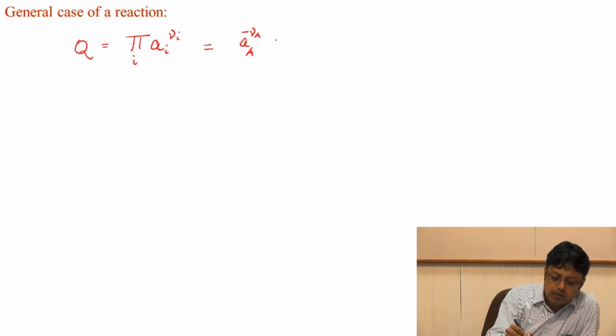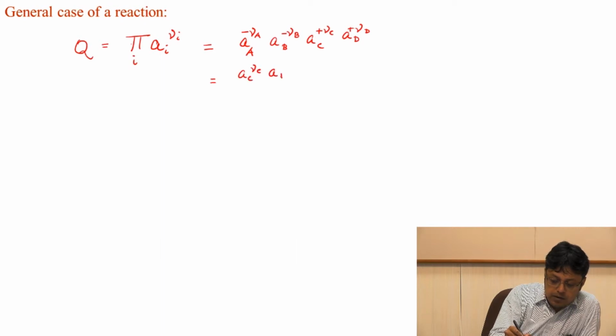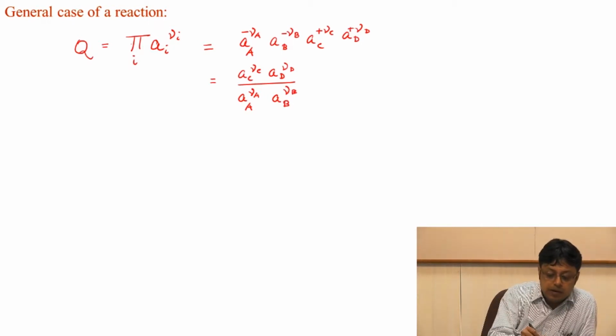Then activity of B, similarly a reactant, and activity of C, a product, nu C, and activity of D, also a product, and that's why we take the positive sign. So we can write activity of C to the nu C times activity of D to the nu D, divided by activity of A to the nu A times activity of B to the nu B. So this is the reaction quotient.